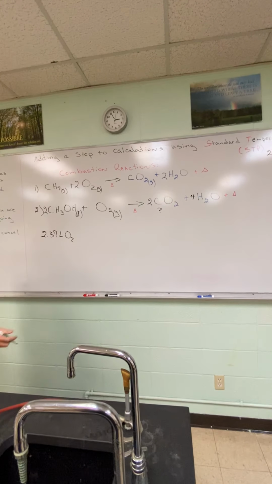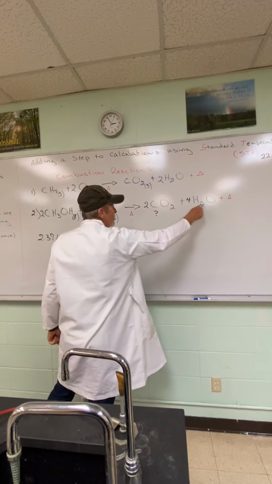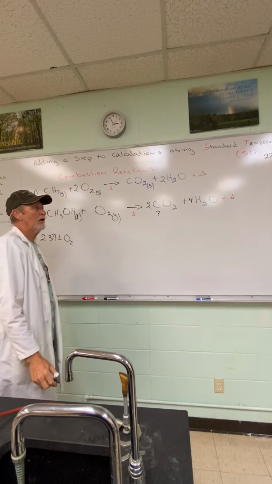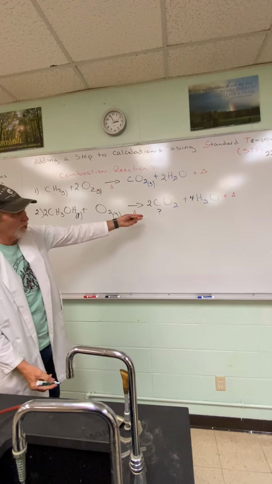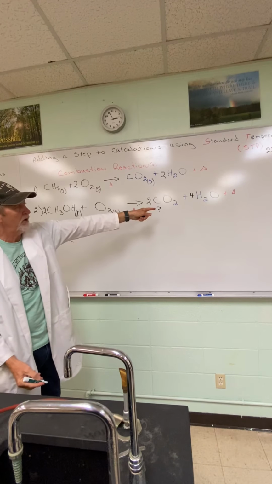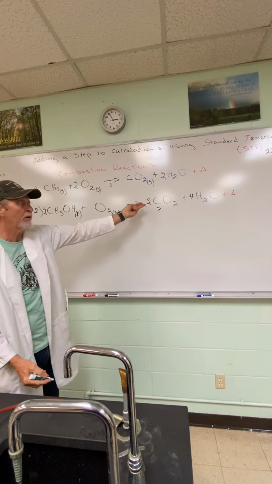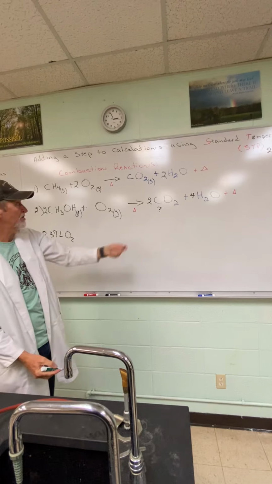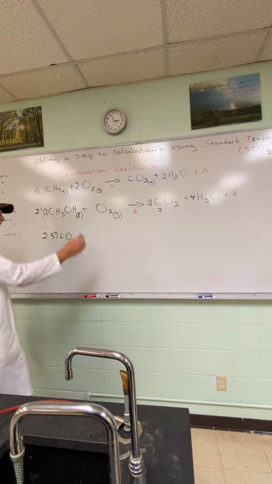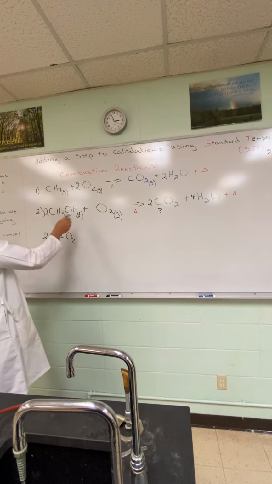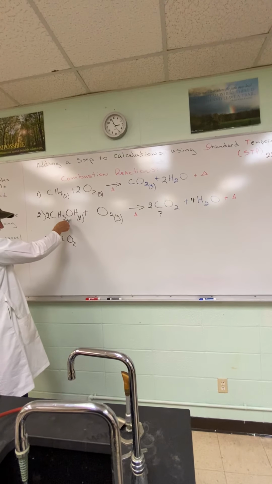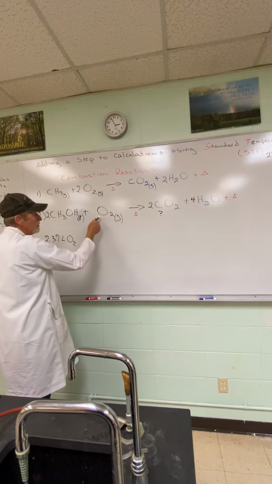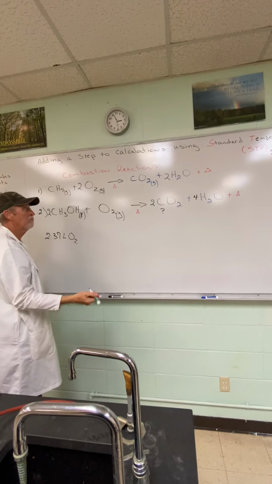But when we do that, we have 4 times 1 oxygen, which is 4, and 2 times 2 oxygen, which also is 4. 4 plus 4 is 8 oxygens to account for. So we have 8 oxygens over there, and we have 2 here. So 2 from 8 is 6. So 2 times what equals 6? 3.